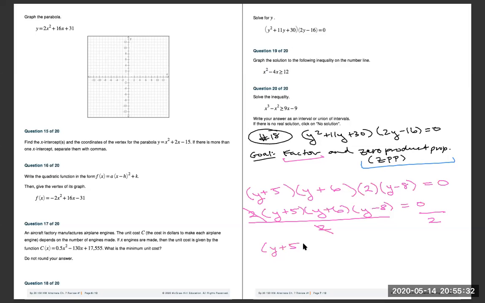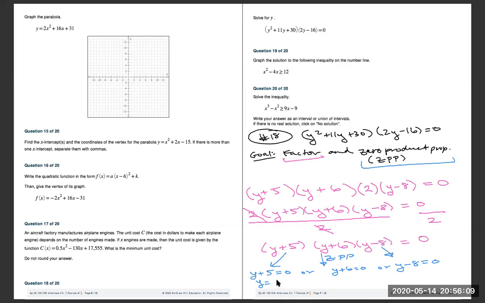And now on the left, I get my 3 binomial factors. On the right, 0 divided by a number is just 0 still. Okay. All right, so ZPP states each factor individually can be equal to 0. So y plus 5 can be equal to 0, or y plus 6 can be equal to 0, or y minus 8 can be equal to 0.